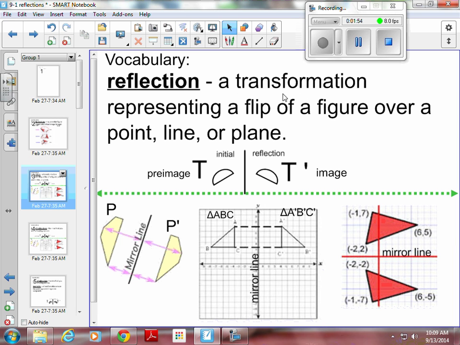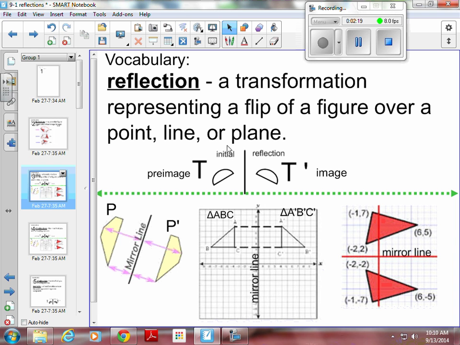So this is a transformation. A reflection is a flip over a point, line, or plane, and we're going to deal with points and lines mostly. A plane usually acts kind of as a line when we're talking about flipping it or doing a reflection across a plane. So you'll need to know how to reflect across a point and reflect across a line.